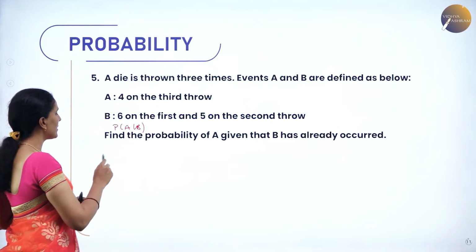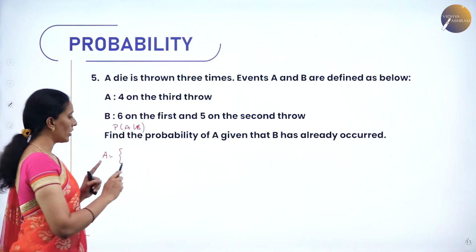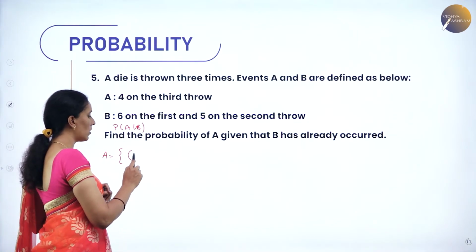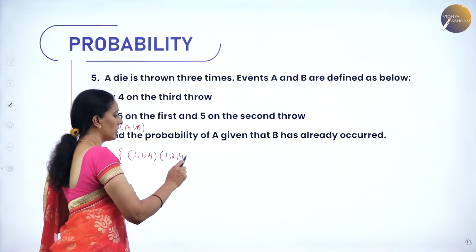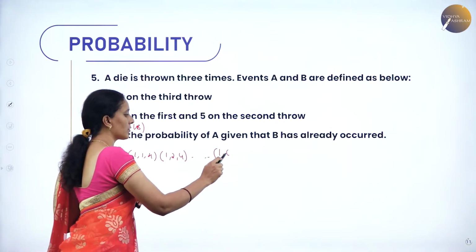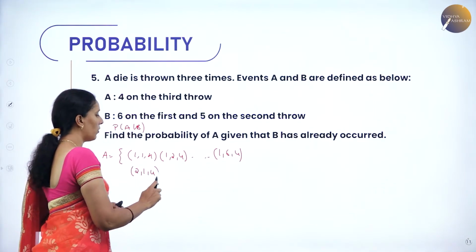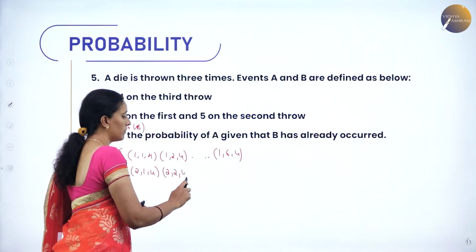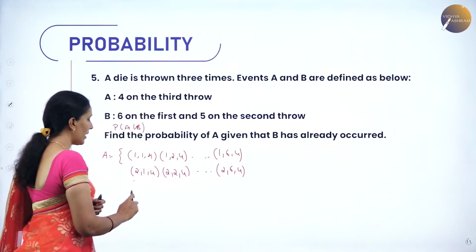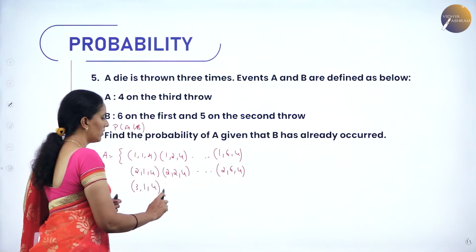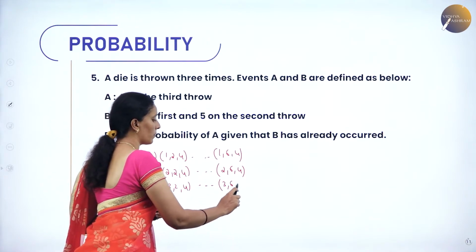Now A is given: a 4 on the third throw. What are the possibilities? That is 114, 124 and so on until 164. Similarly we can have 214, 224 until 264. Then 314, 324 until 364.